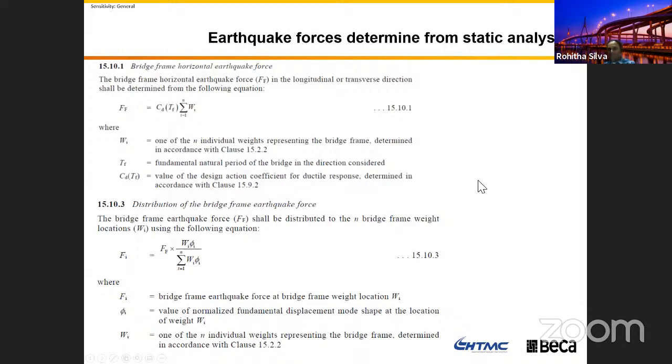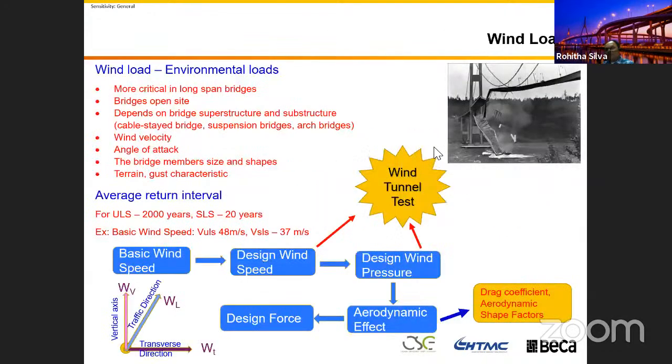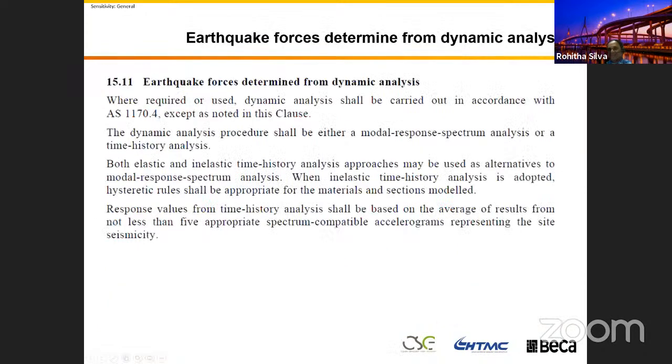Depending on the bridge earthquake design category, you need to select a different type of analysis method. If someone would like to learn more about this, I can give you a design document with a worked example and hand calculations in there. There are many things you can learn if you need.